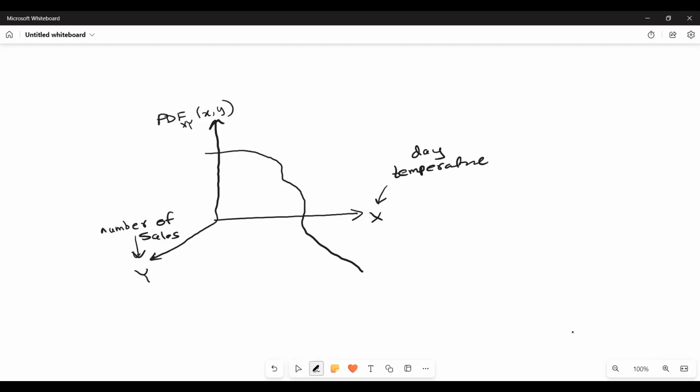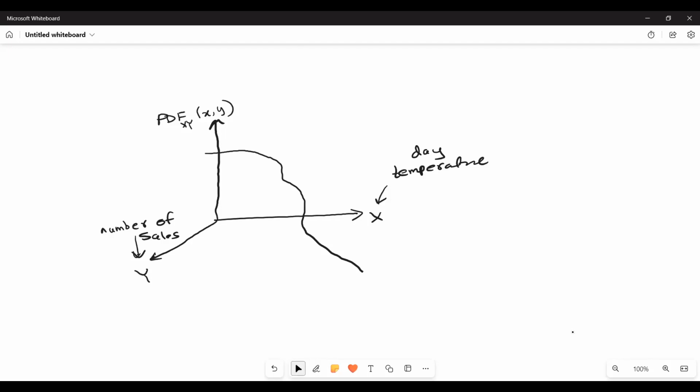So he needs to take the impact of both these temperature and number of sales parameters, and then he needs to first draw this probability density function. He needs to find it by doing some random experiments, and then by the probabilities that he gets, he needs to generate this probability density function.